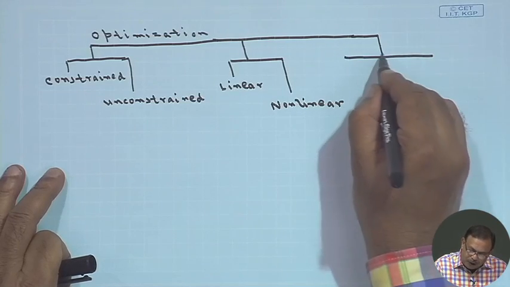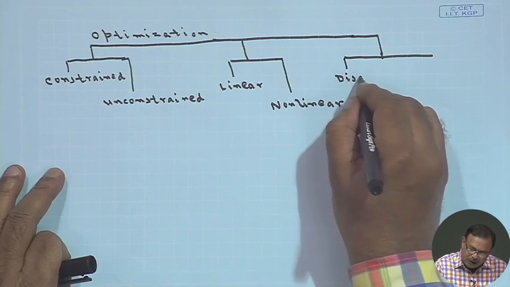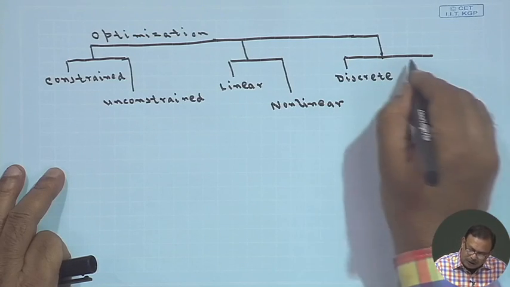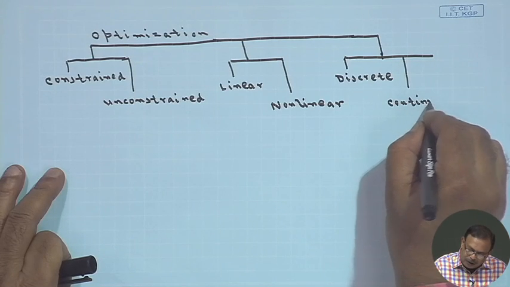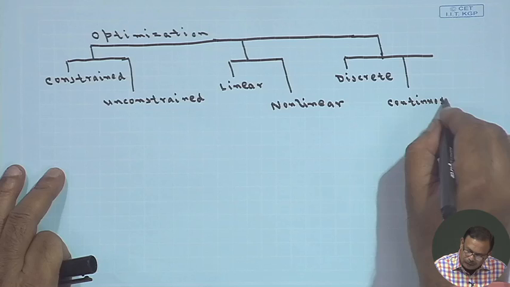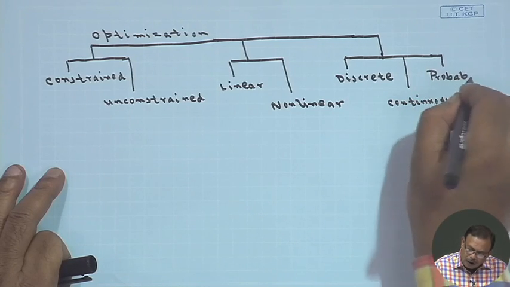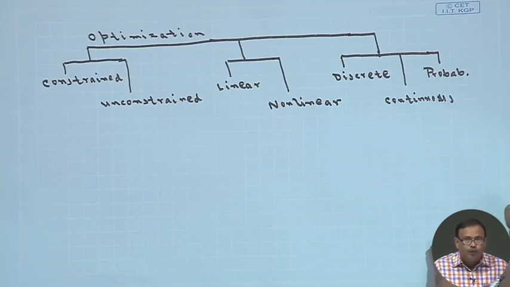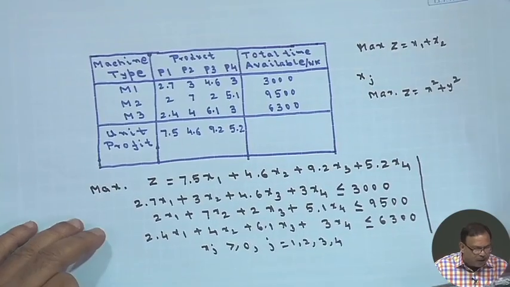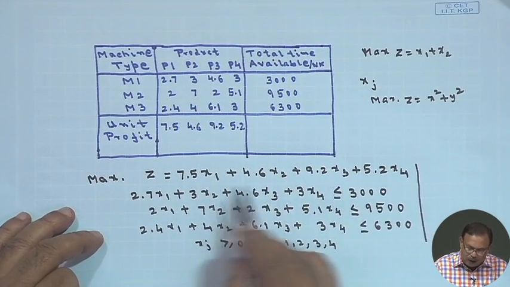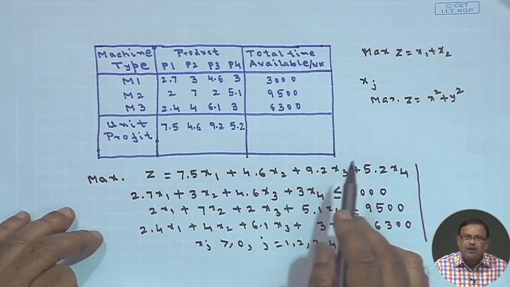The other type which we can talk about is about the variables, that is, they can be discrete, continuous, or probabilistic. Whenever you are talking about decision variables, for this particular problem x 1, x 2, x 3, x 4 are decision variables. What type of variables are they?